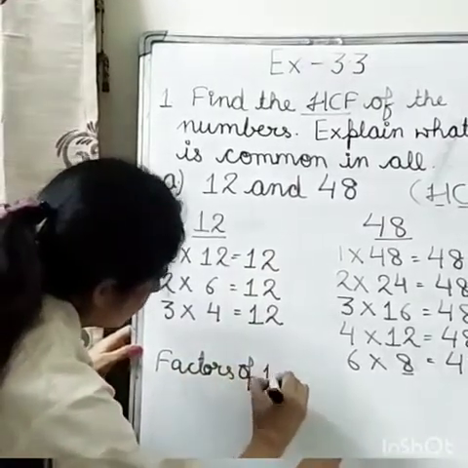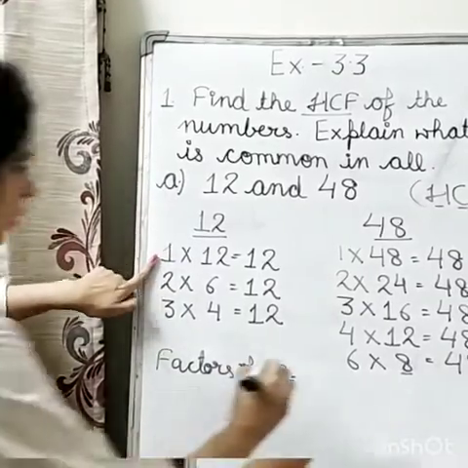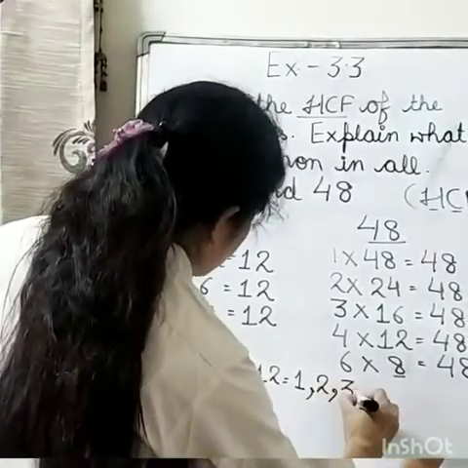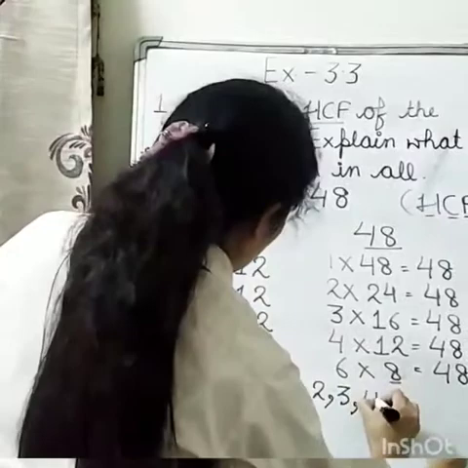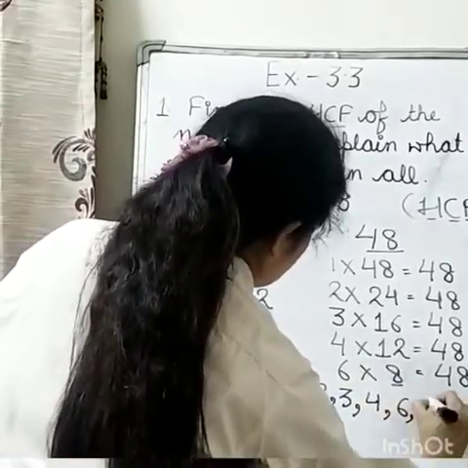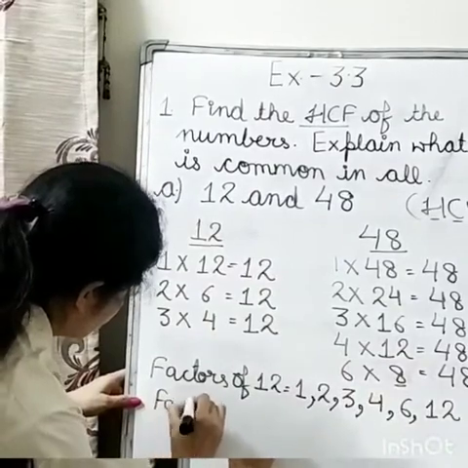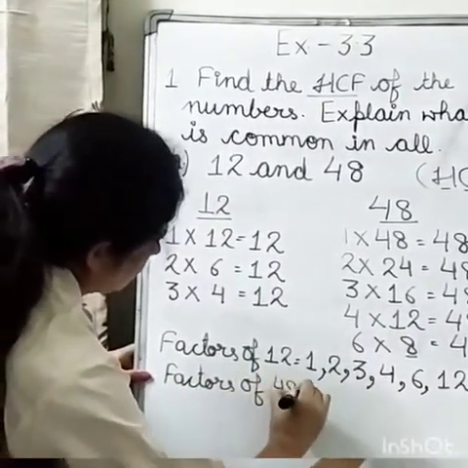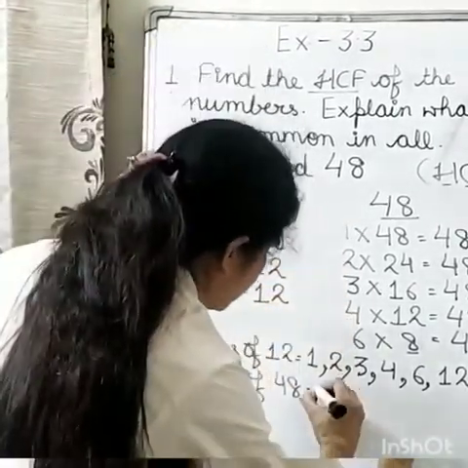Factors of 12. Start writing from here. 1, 2, 3. Now down to up. 4, 6, 12. Now factors of 48. 1, 2, 3, 4, 6.